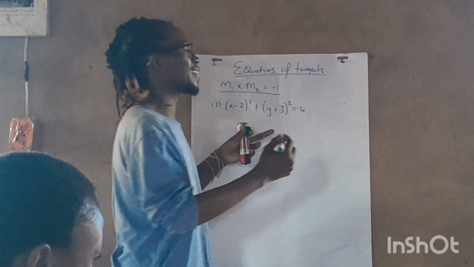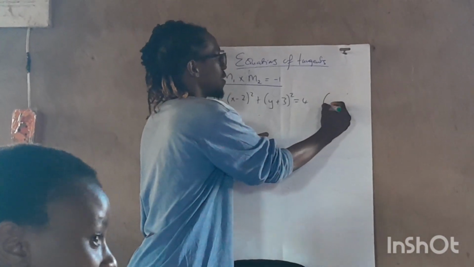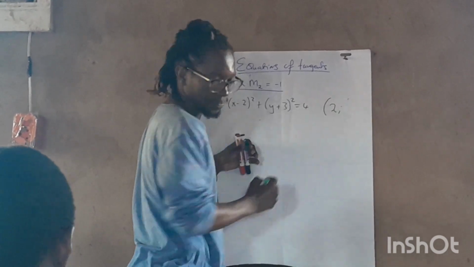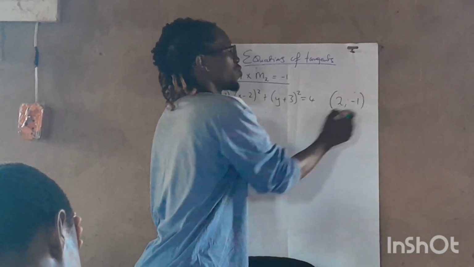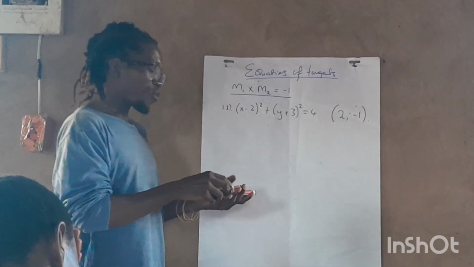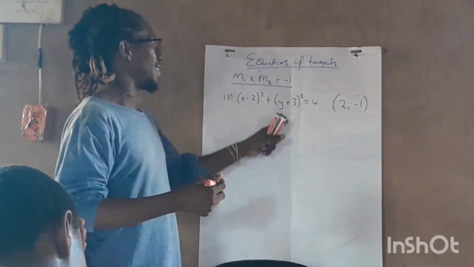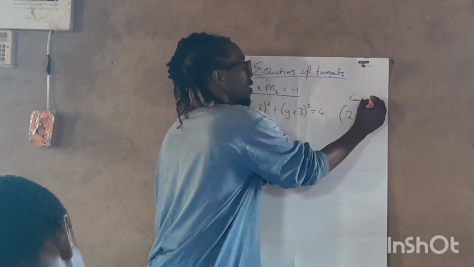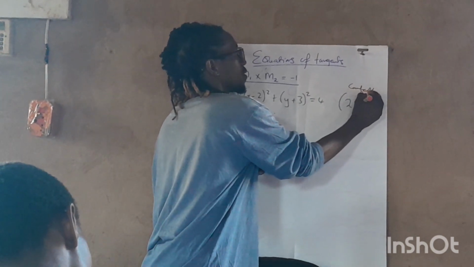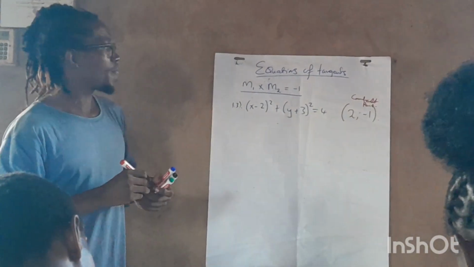And they said that this line is a tangent at this point, (2, negative 1). So this is the point of contact between the tangent and the circle. So what do we do?